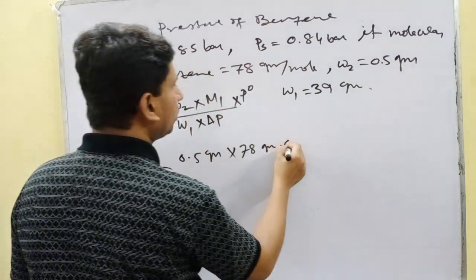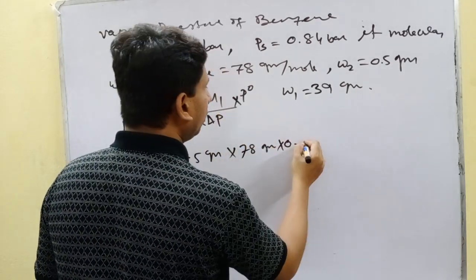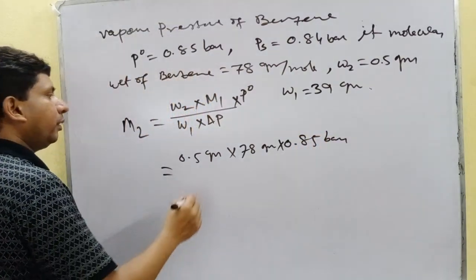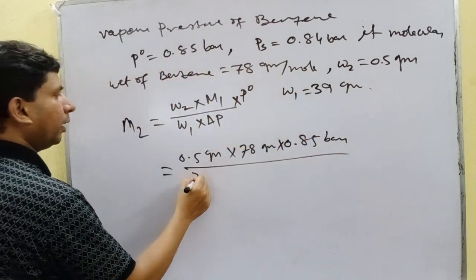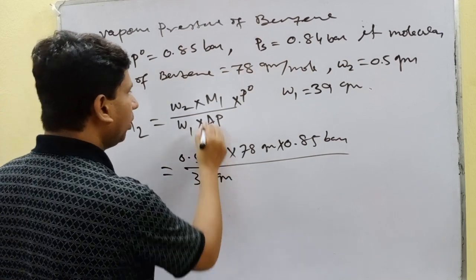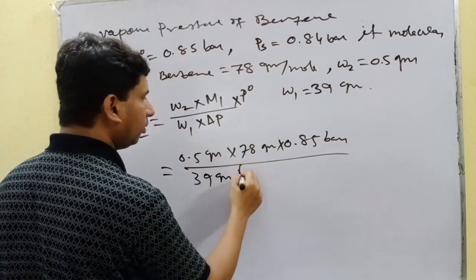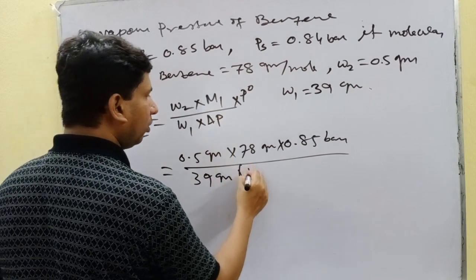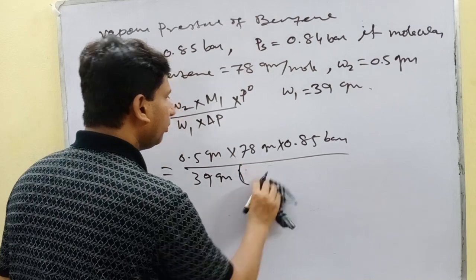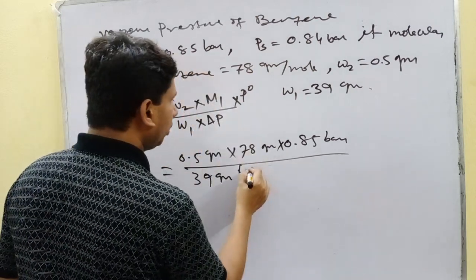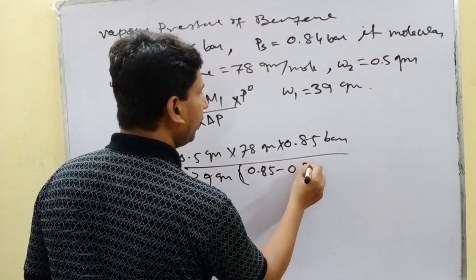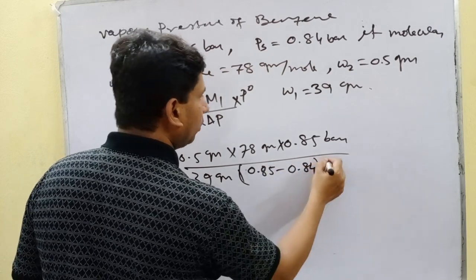P0 is 0.85 bar, and W1 is 39 gram, and here P0 minus PS is 0.85 minus 0.84 bar.